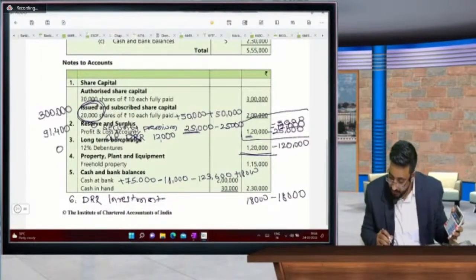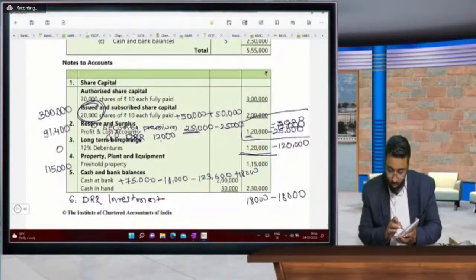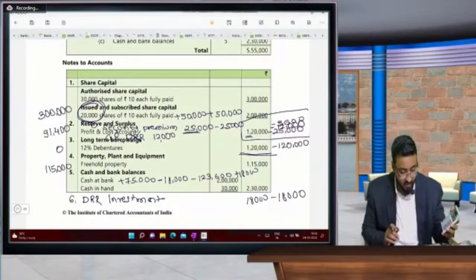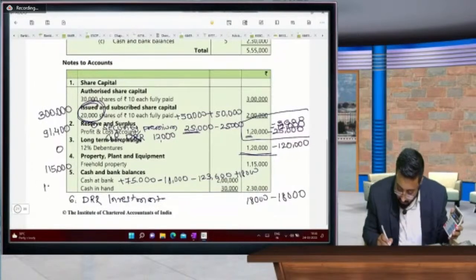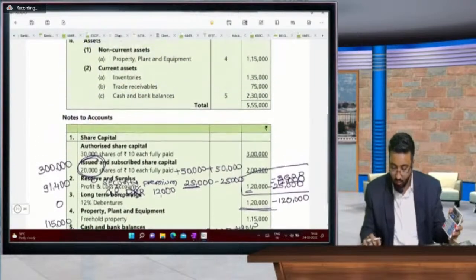Long-term borrowing 0. Freehold property 1,15,000. Cash at bank: 2 lakhs plus 75 minus 18,000 minus 123,600 plus 18,000. So 151,400 plus 30 cash in hand. 181,400 and DRR investment 0.